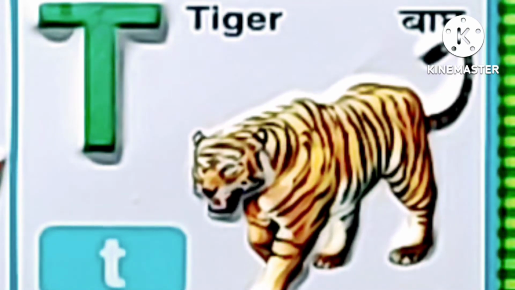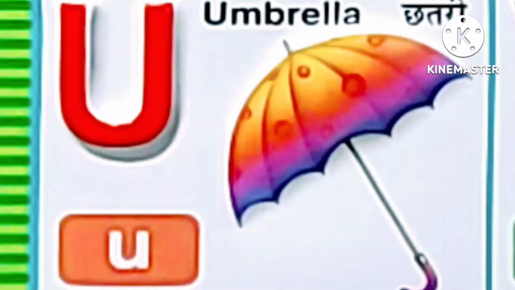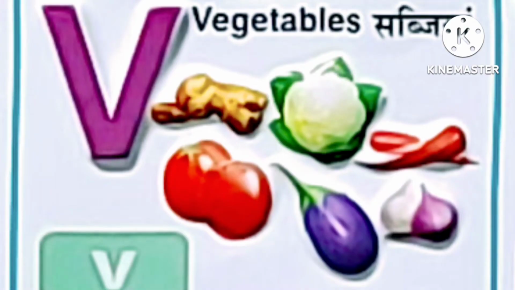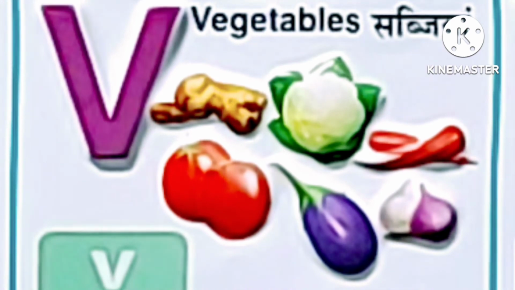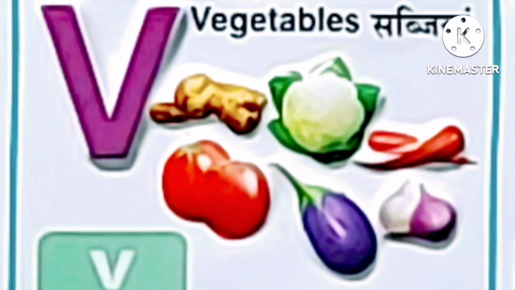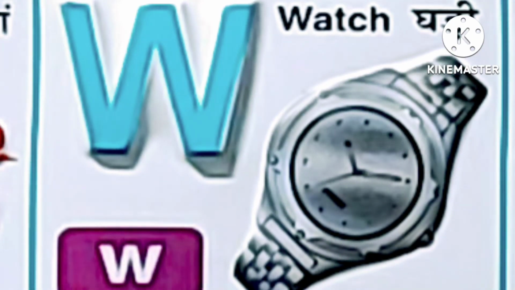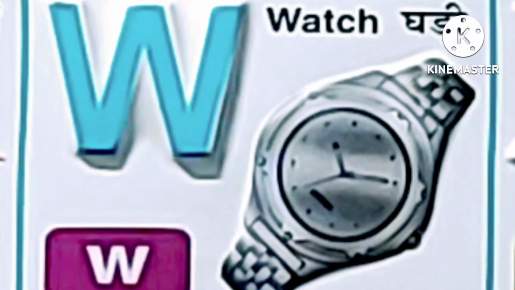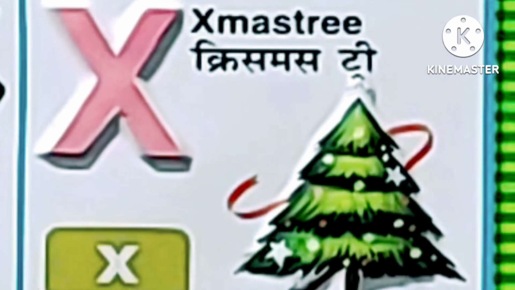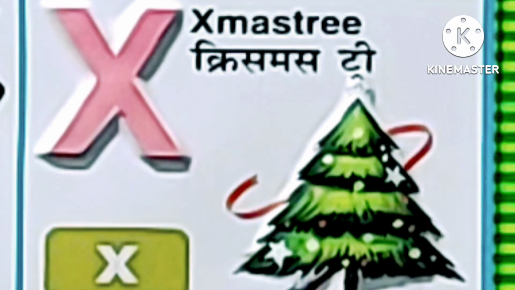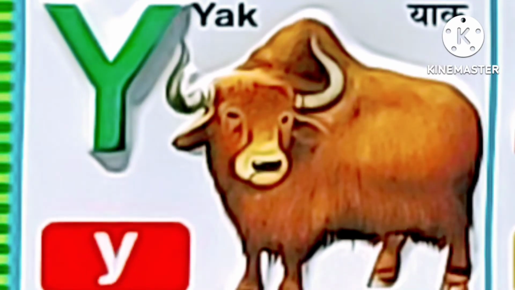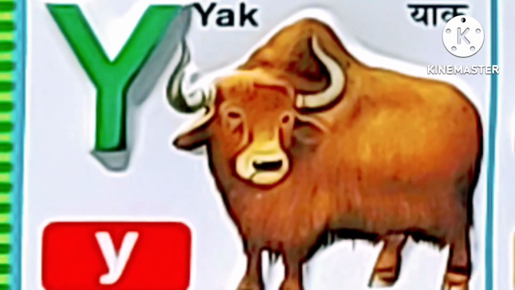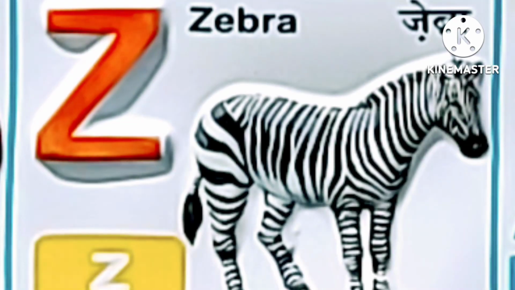T for tiger. U for umbrella. V for vegetables. W for what? X for Xmas tree. Y for yak. And Z for zebra.